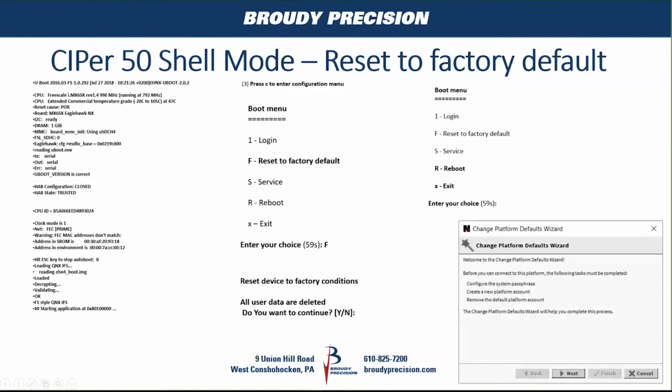The next option in the main boot menu, the configuration menu as they call it, is reset to factory default. Now you would think that means out of box, but basically it's out of box for your TCP/IP settings, your passphrase, and your password and username for the platform.